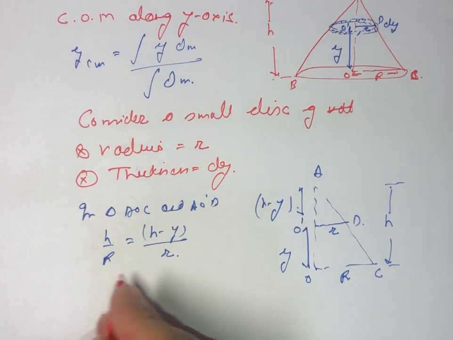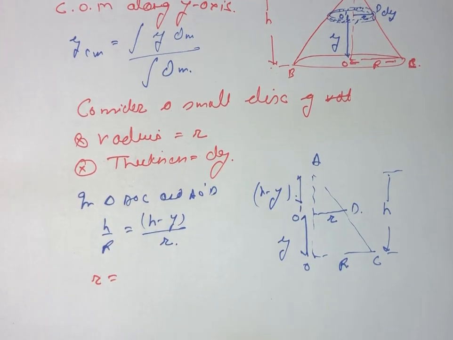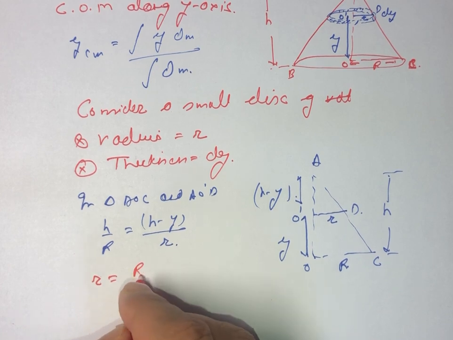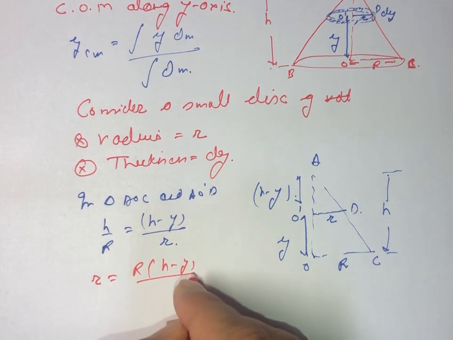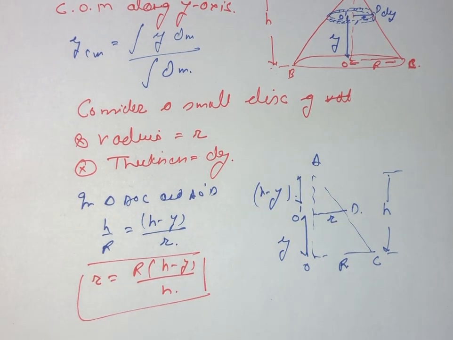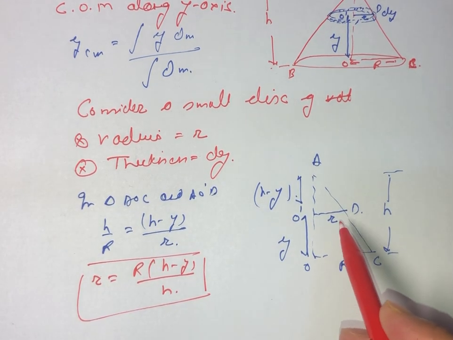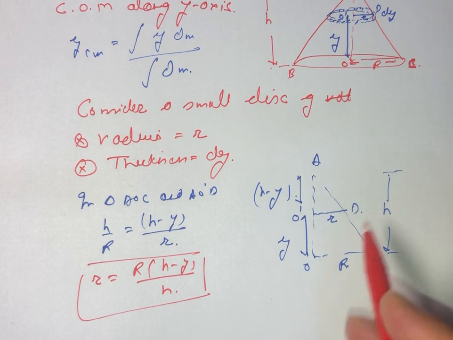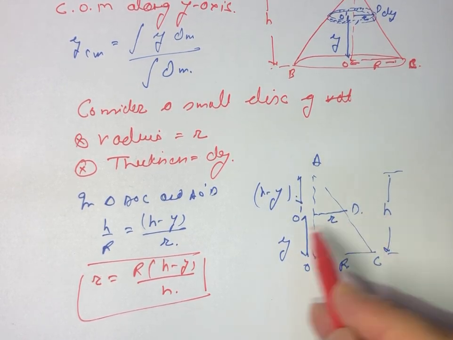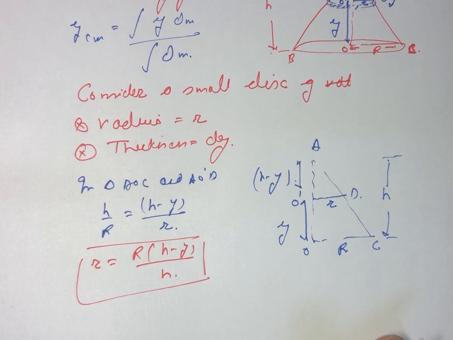So from here we can find out small r. Small r will be equal to R into h minus y divided by h. So we found out the radius of the disk with respect to the given parameters, that is R, height h, as well as the y coordinate of this disk which we have considered.